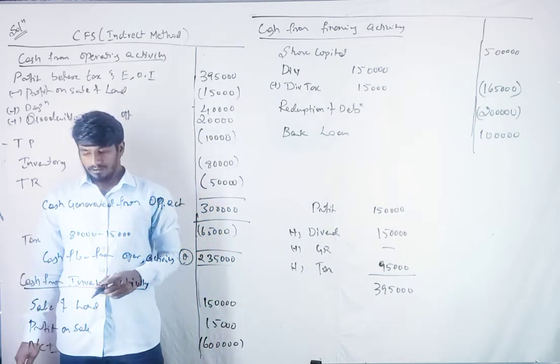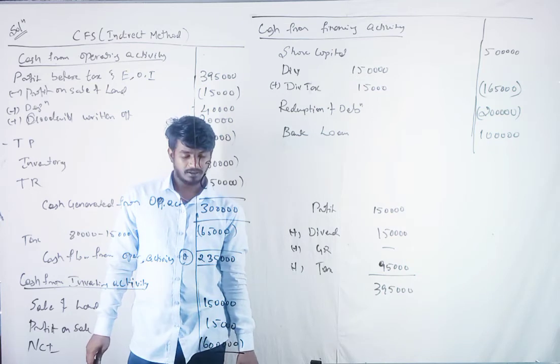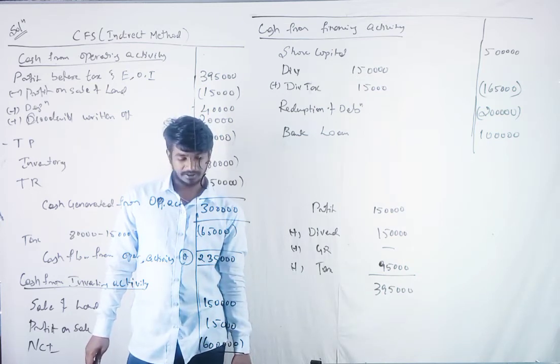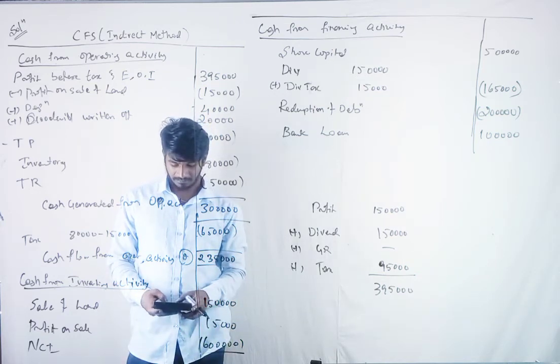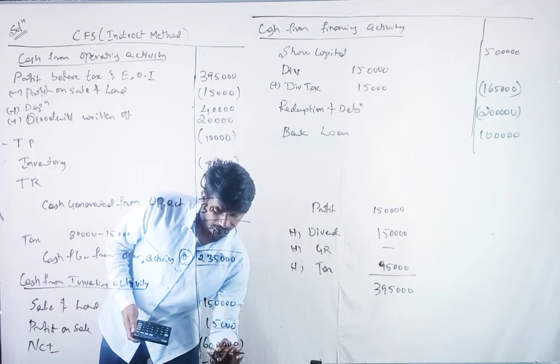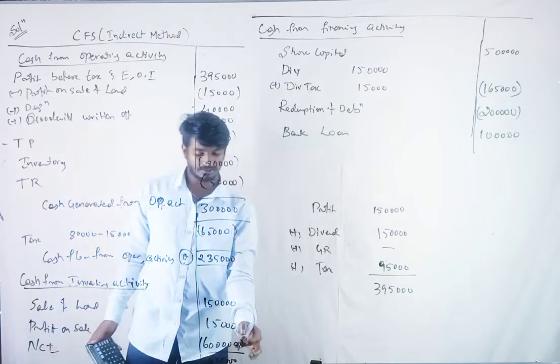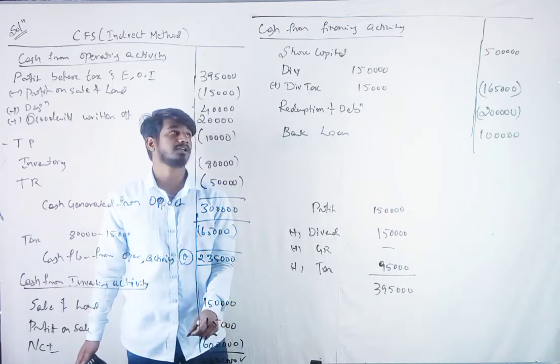Investing activity: 6 lakhs, 1,50,000 plus 15,000, 1,65,000. 1,65,000 minus 6 lakhs, 4,35,000. You write it clearly. Minus 4,35,000 is the investing activity total.